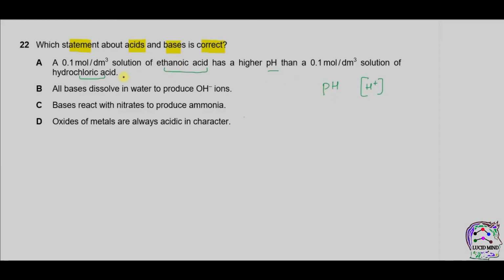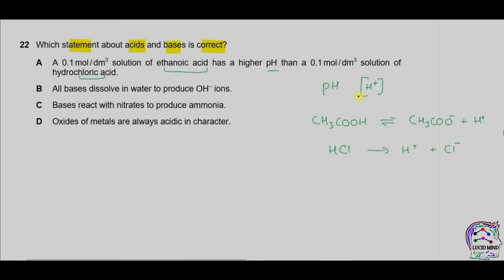And we can see among these two acids, ethanoic acid, which is CH3COOH, is a weak acid as compared to HCl. This is because in ethanoic acid, all molecules are not ionized. The reaction goes to equilibrium. It means that the molecules of the reactant are still present in the solution. While for HCl, all the molecules are converted into H positive and Cl negative.